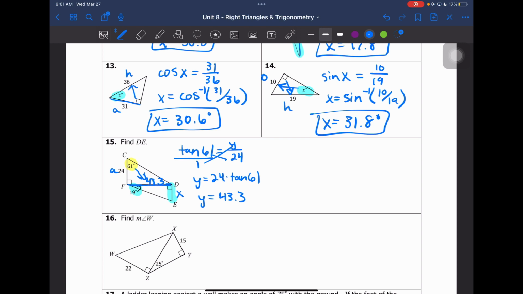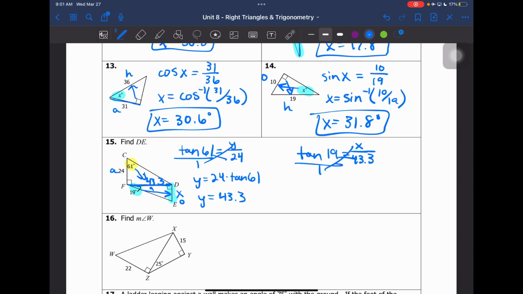So this is a leg of my bottom triangle as well, and it's the adjacent leg. And then the side that I labeled as x, that's the opposite leg. So I'm going to use tangent again because I still have opposite and adjacent. But now instead of 61 degrees, I'm going to write the 19 degrees. So tangent of 19 is equal to opposite over adjacent. So this is going to be x over 43.3 because that 43.3 is my adjacent.